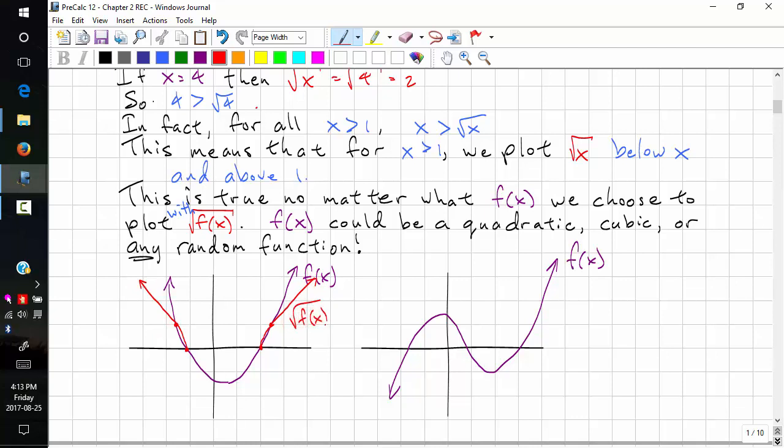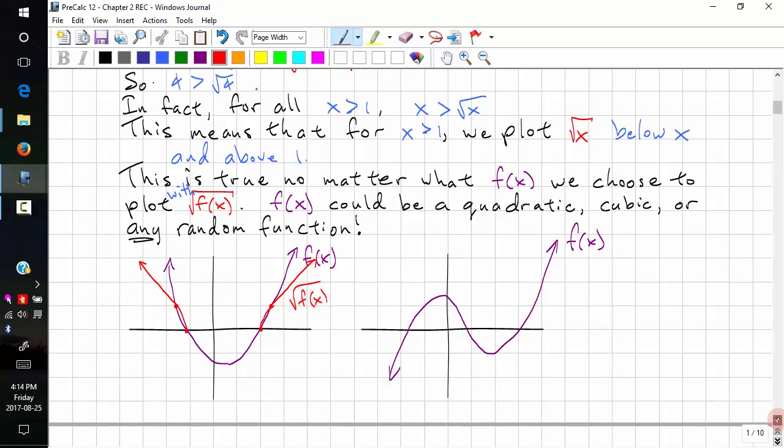Now if we look at a cubic function, we're not looking at the cube root, we're looking at a cubic function. And we're taking the square root of this cubic function. So again, we start off with the invariant points. Between 0 and 1, we're plotting above f of x, but below 1.